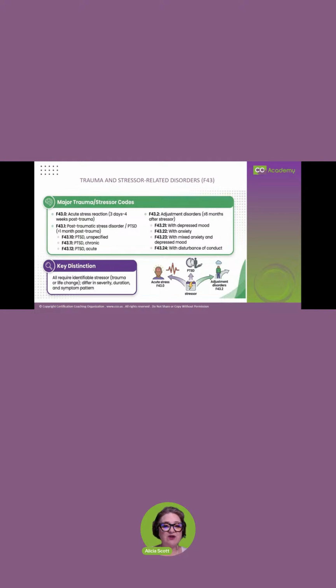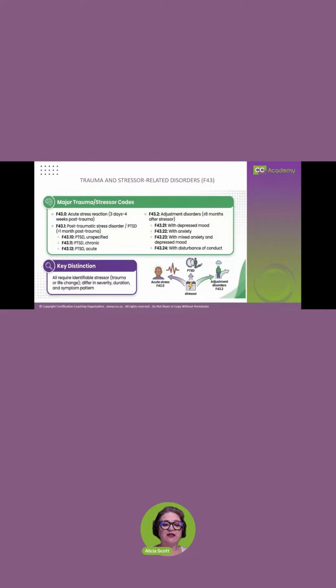Then we've got F43.2, which is adjustment disorders. Okay, so within 6 months after a stressor, that's going to be applicable. Here are the subtypes. We have F43.21, which is depressed mood, F43.22, which is with anxiety, and F43.23, with mixed anxiety and depressed mood.